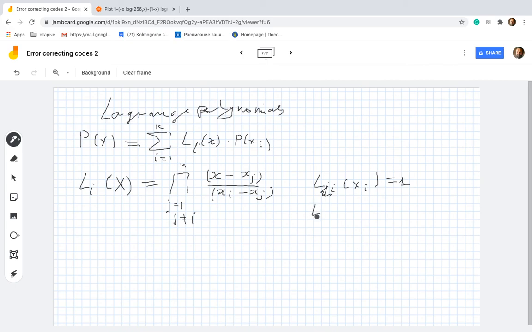And if we substitute any other xj, we obtain 0 because xj minus xj is 0, for j different from i.